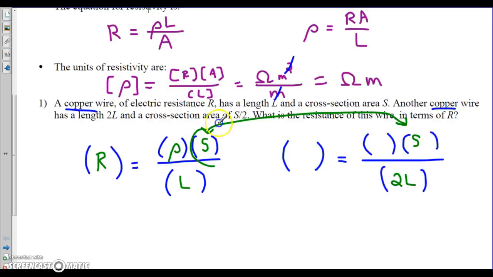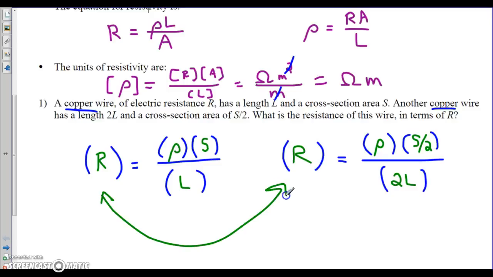It's only half of the first wire's area, S over 2. And they're both copper, so the resistivity is the same. They did not give us a variable for the second wire's resistance, so I'll just call it R2. I can't call it R because that implies that the 2 wires have the same resistance, and that may not be true. So instead I call it R2.